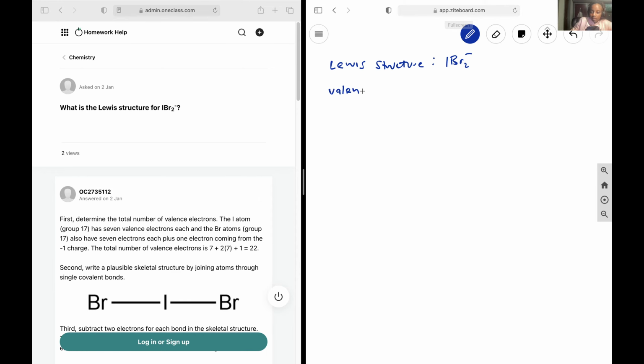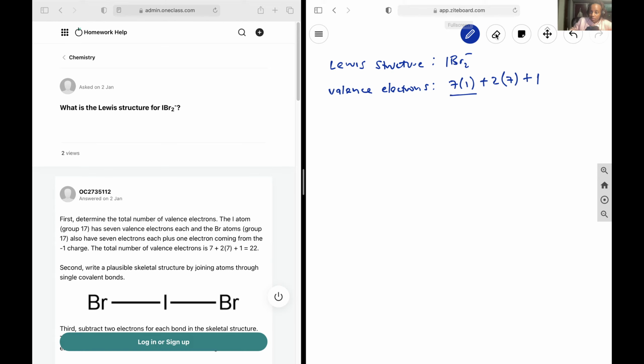So for our valence electrons, we will have 7 coming from the one iodine, plus 2 times 7 because it's 2 bromine, and then we're going to add 1.